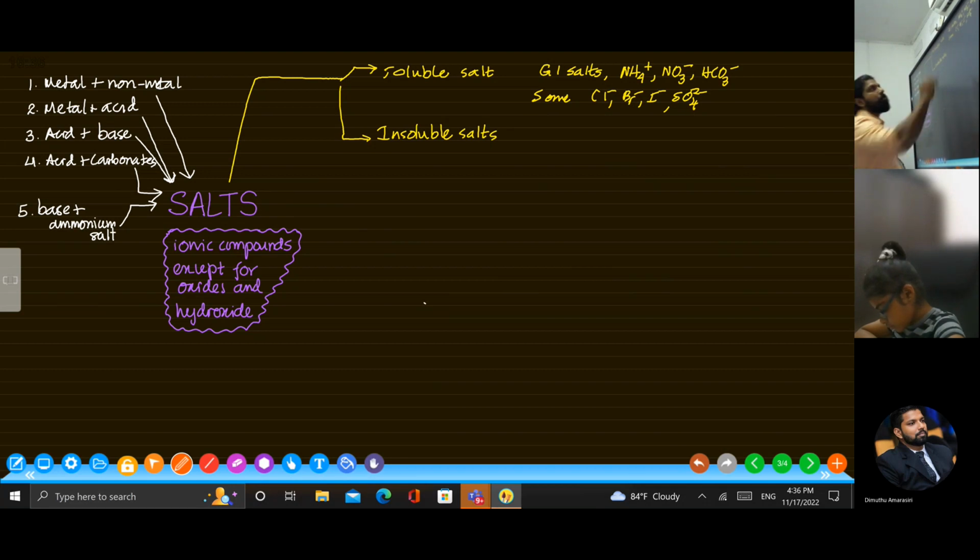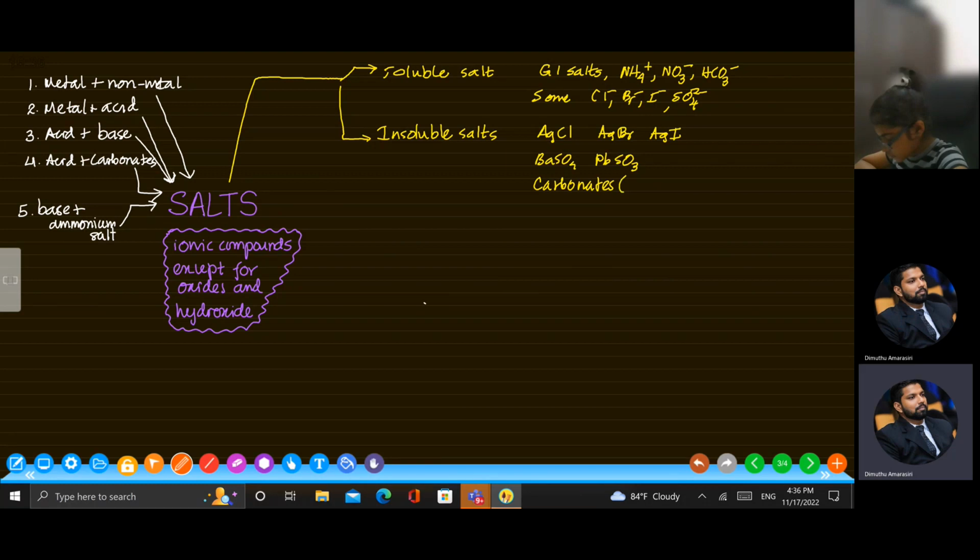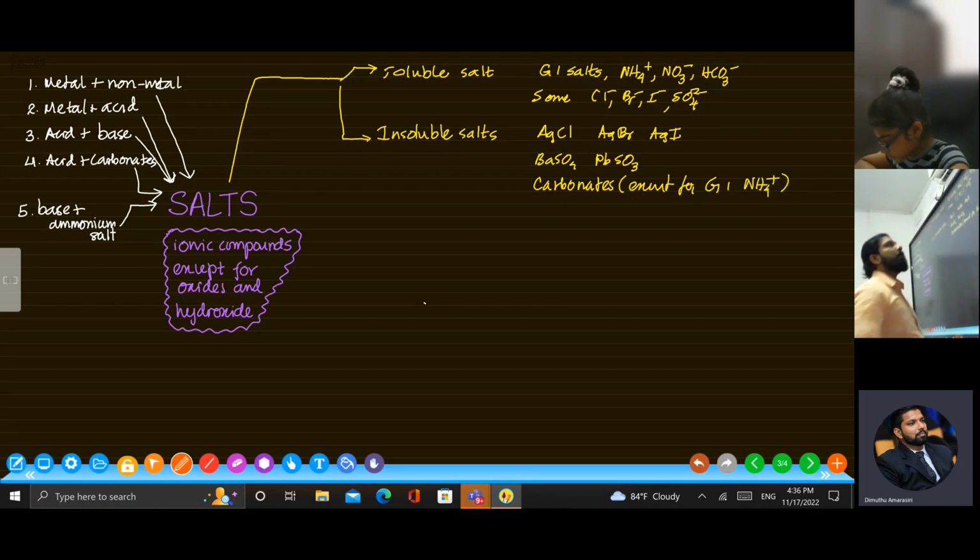Insoluble salts: silver chloride, silver bromide, silver iodide; under sulfates, barium sulfate, lead sulfate; and all carbonate salts, except group 1 and ammonium.